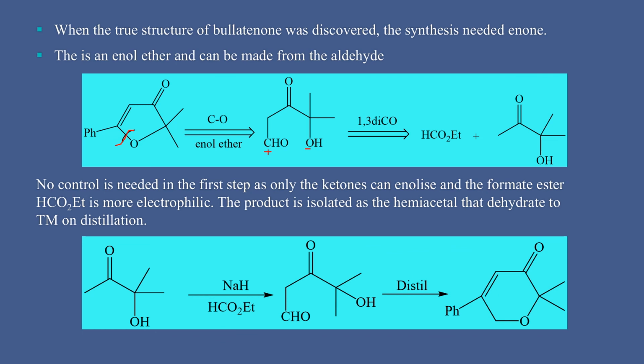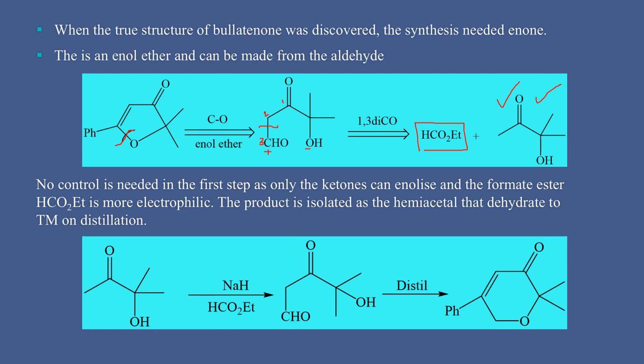Then there is a 1,3 relationship between these two carbonyl compounds, and when it is disconnected, a formate ester and a keto group are obtained. It is an alpha hydroxy keto.